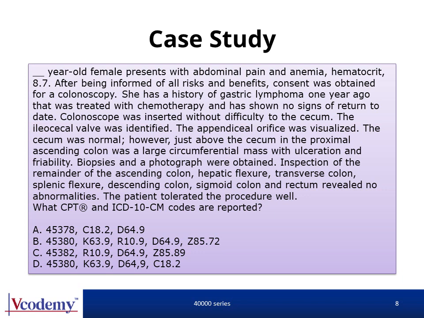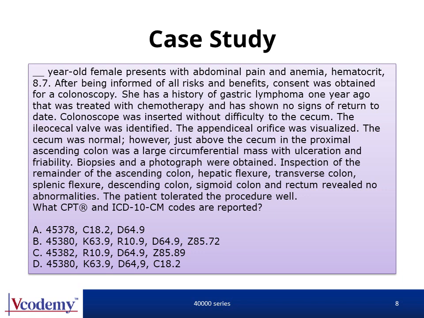Which is the correct option? 45378, C18.2 and D64.9; 45380, K63.9, R10.9, D64.9, Z85.72; or 45382, R10.9, D64.9, Z85.89; or 45380, K63.9, D64.9, C18.2.